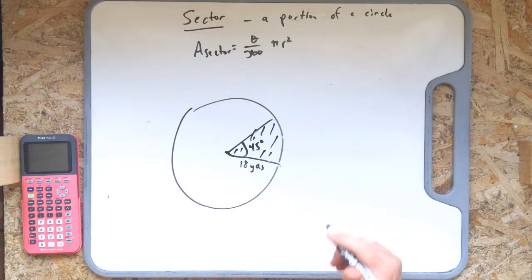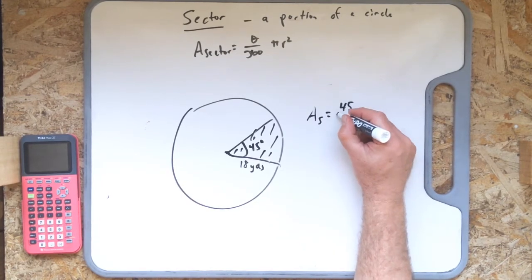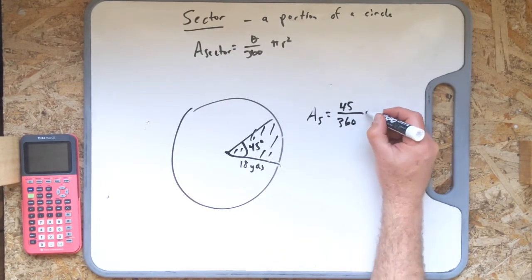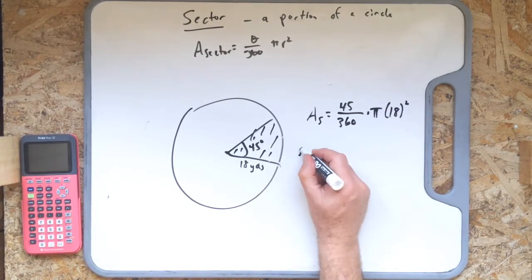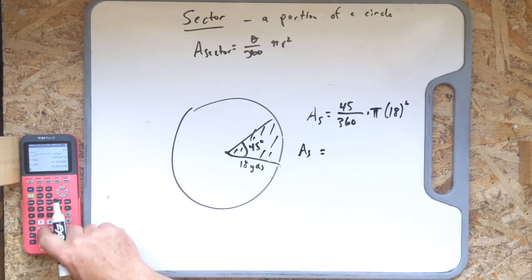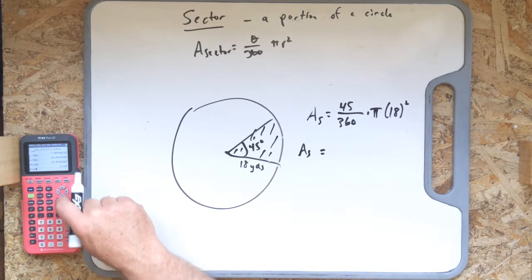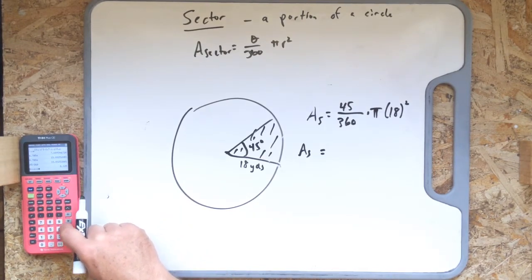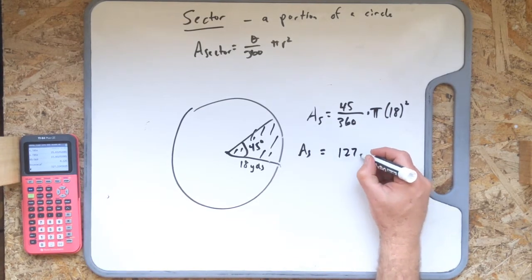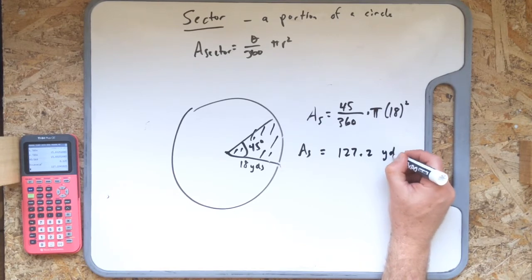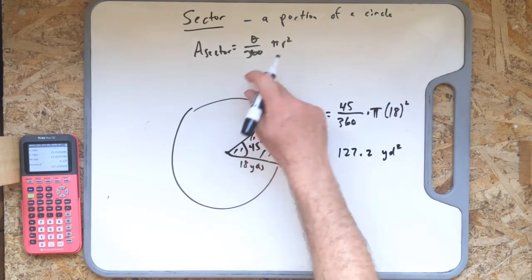So I take the formula: theta, which is 45 degrees, divided by 360, and then multiply that by pi times 18 squared. I'll put that in my calculator. 45 divided by 360, which is 1/8 of a circle, times pi times 18 squared. And I get 127.2 yards squared.